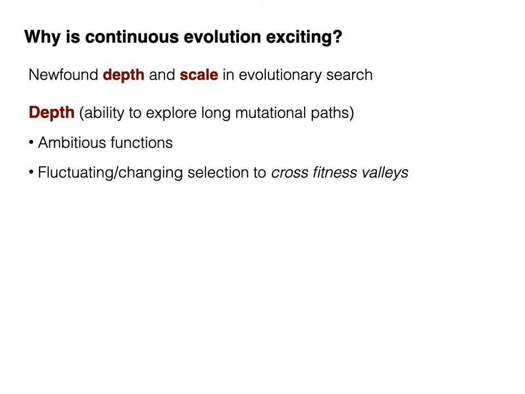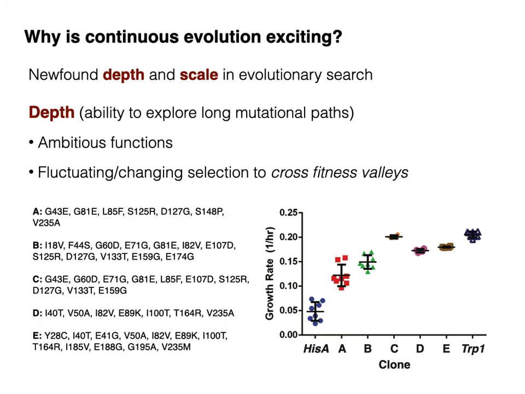A very important way to become unstuck is to fluctuate your selection, for instance by imposing some period of drift where you relax selection to allow your population stuck at a peak to spread out, crossing fitness valleys that may then lead to the next peak. This requires long mutational pathways and therefore only comes if you have depth in evolutionary search.